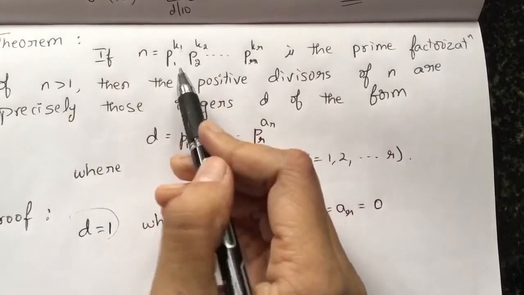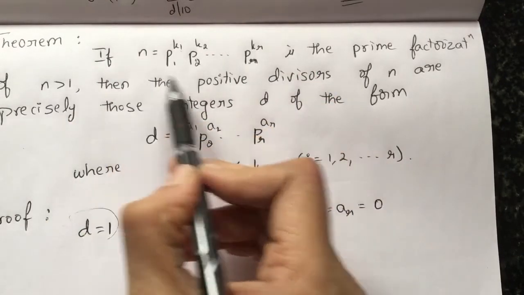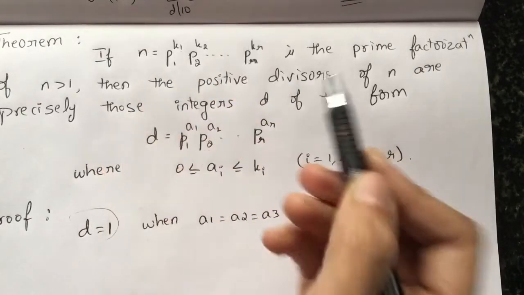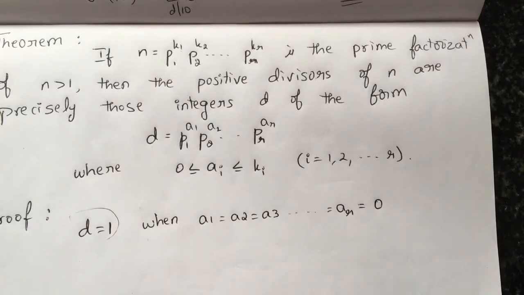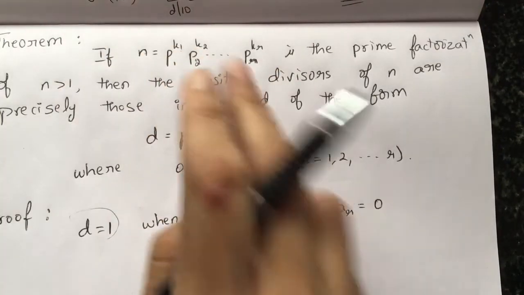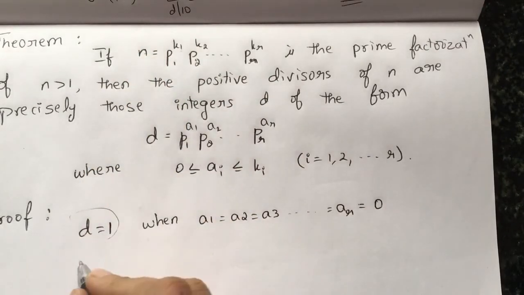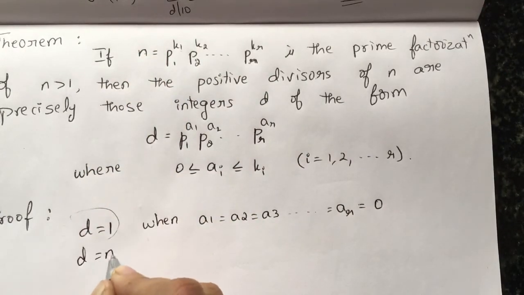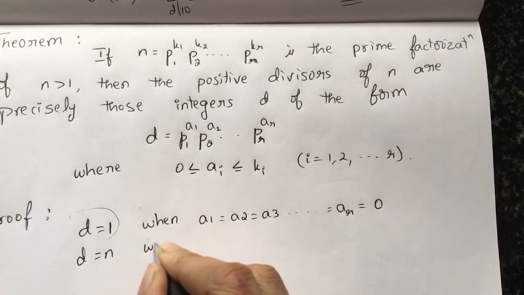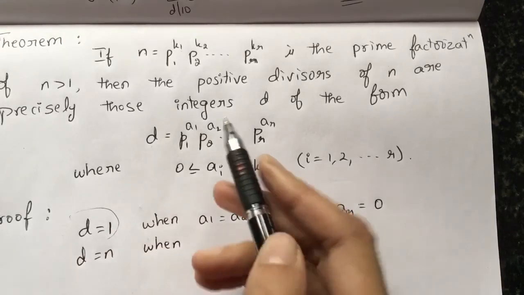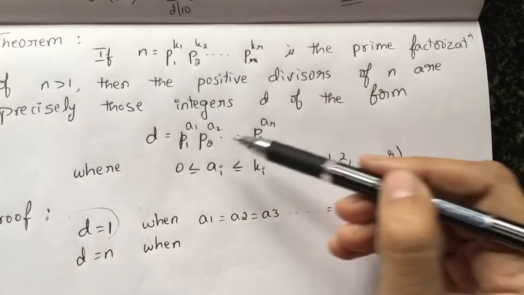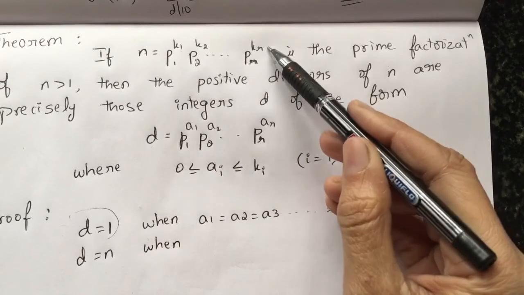Another trivial situation is when d itself is n. When n has a prime factorization, n has the divisors 1 and itself. Those two are the trivial situations. One divisor I am taking as 1 and another divisor I am taking as n. When d is equal to n, this happens when a1 equal to k1, a2 equal to k2, up to ar equal to kr.